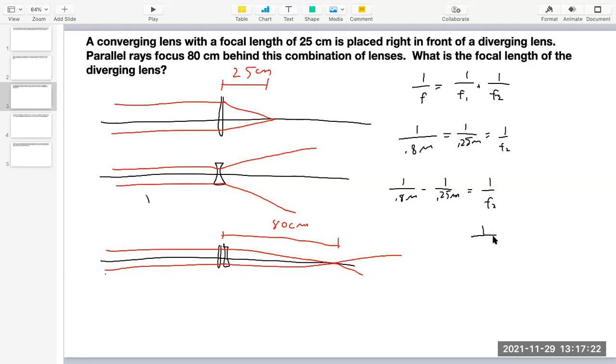So 1 over the focal length of the second lens is the power of the second lens, or minus 2.75 inverse meters or diopters. And the focal length is minus 0.3636 meters.